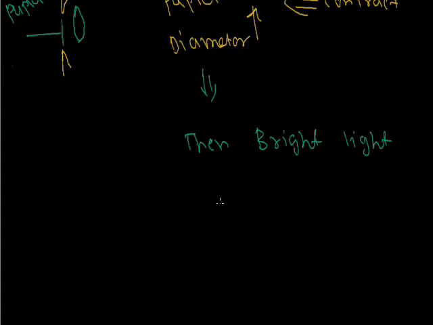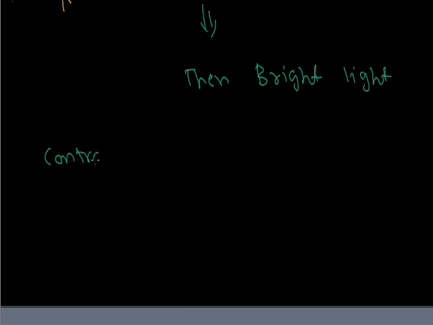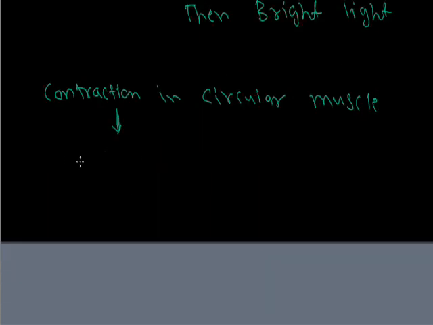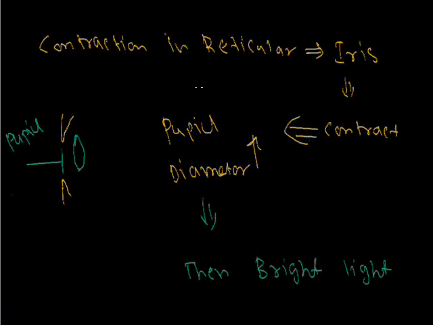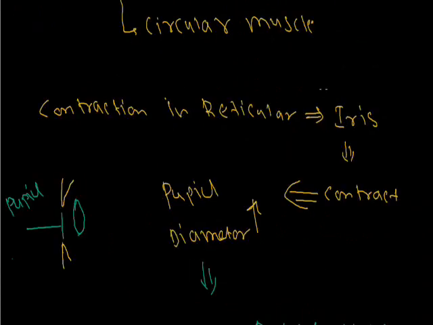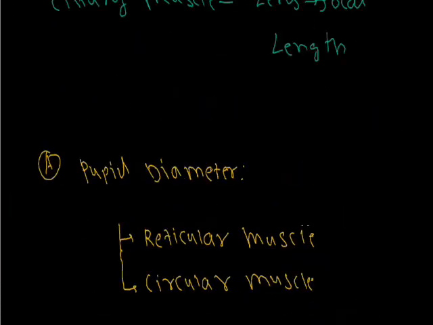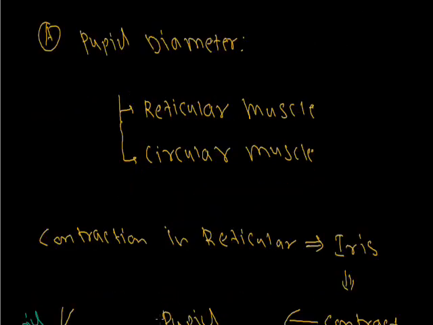Now contraction in the circular muscle, then the iris relaxes and the pupil diameter decreases. So once again, the iris has two types of muscles, radial muscles and circular muscles.